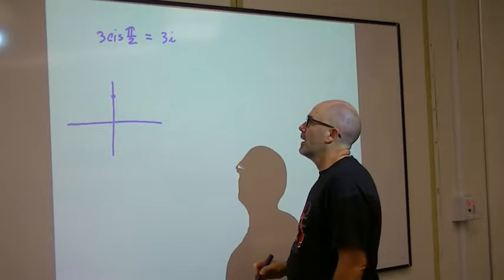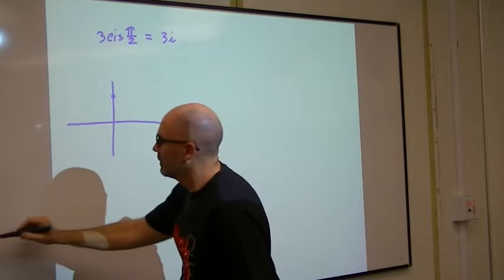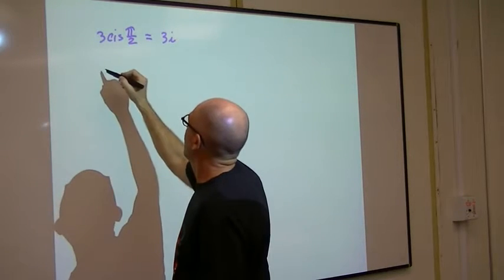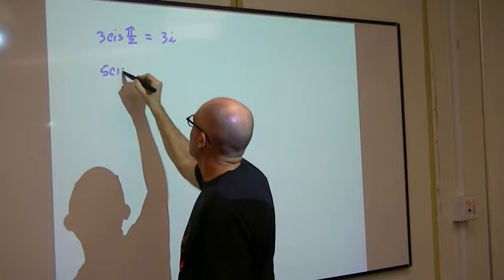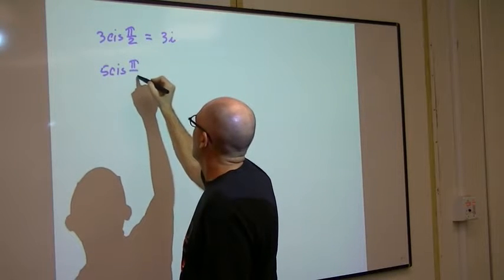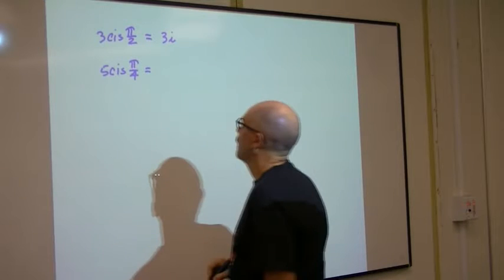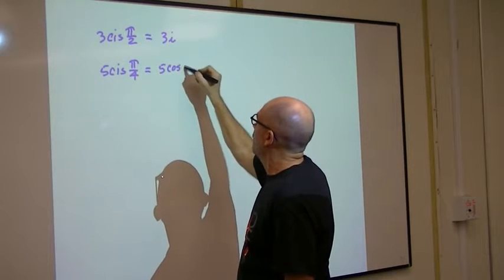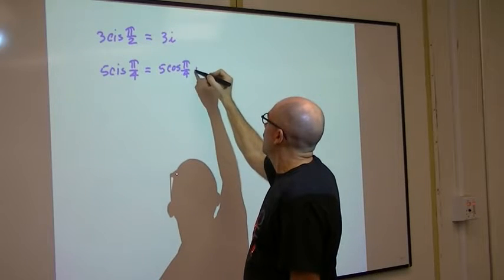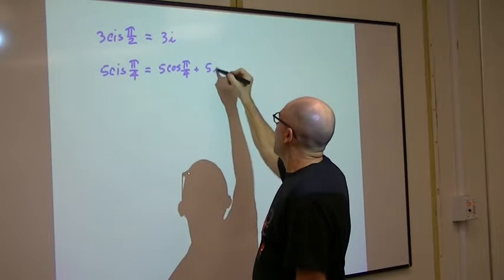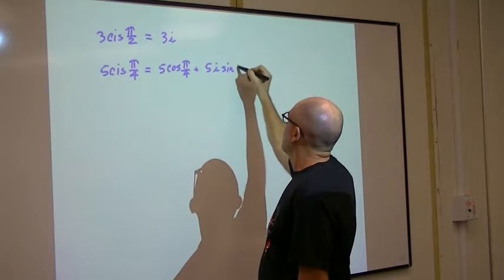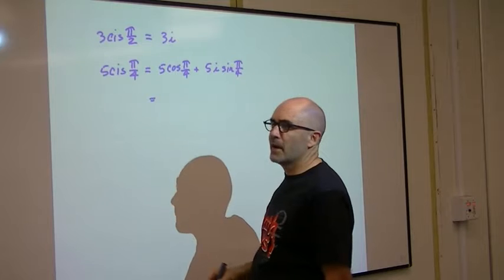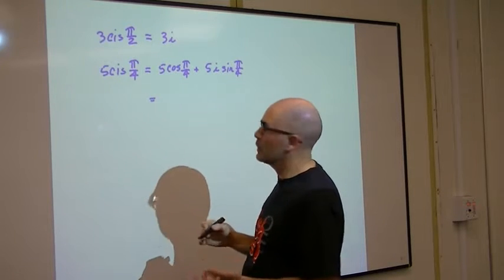Okay, now, what if we have 5 cis pi over 4? Okay, that just equals 5 cosine pi over 4 plus 5i sine pi over 4. Now what's cosine pi over 4? Right, square root of 2 over 2.